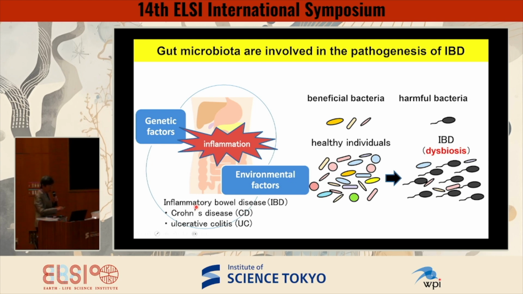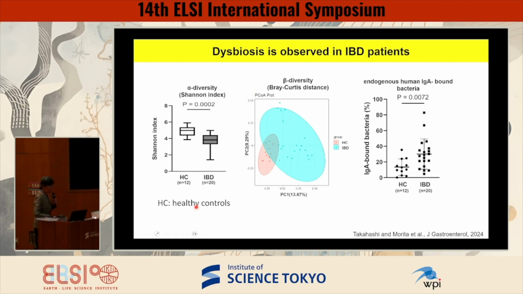For example, IBD is related to dysbiosis. It is well known. Here, this is a beneficial bacteria, and this black one is harmful. A healthy individual has almost no harmful ones, but the IBD patient has a lot of harmful bacteria. Also their fecal microbiota diversity is reduced.